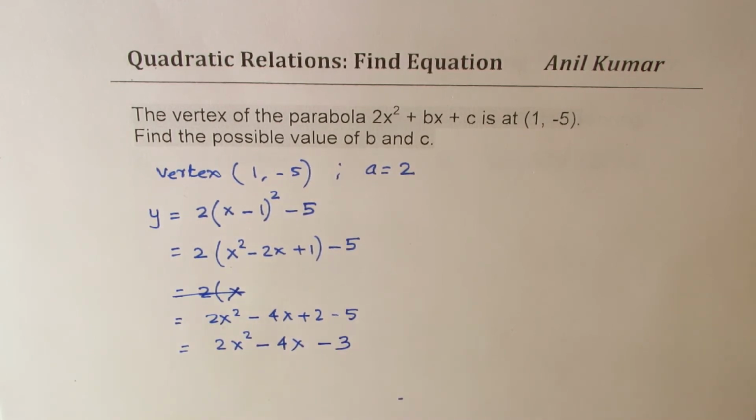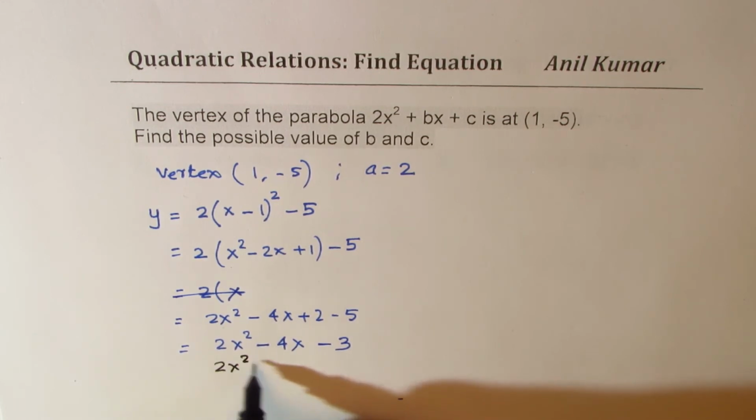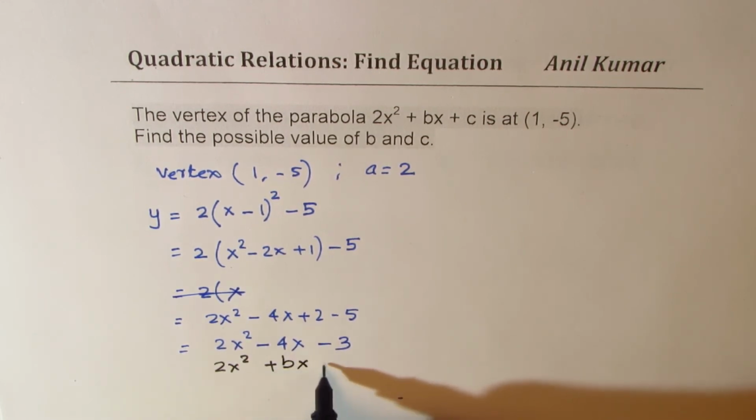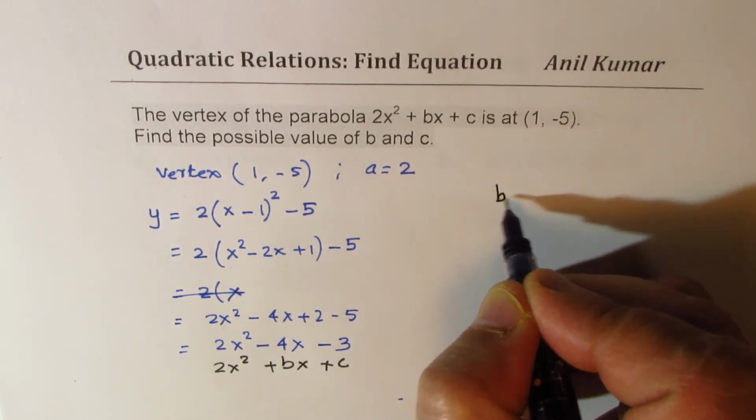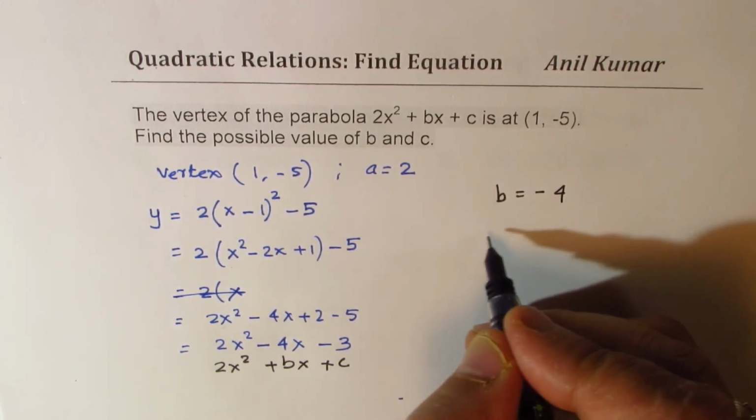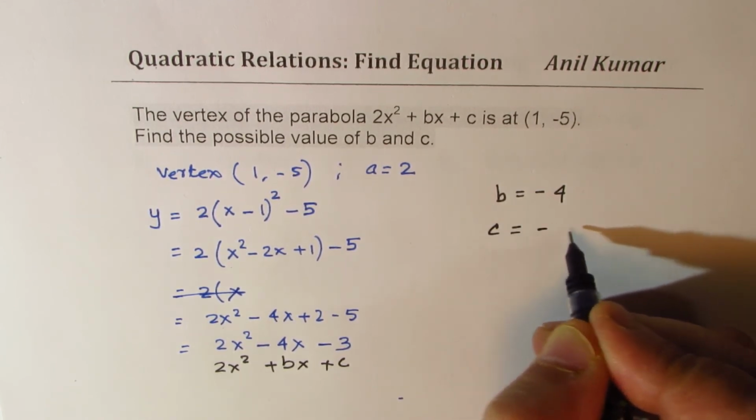So once you get this equation, then you can compare with 2x squared plus bx plus c. And comparing, you can easily say that b equals minus 4 and c is equal to minus 3.